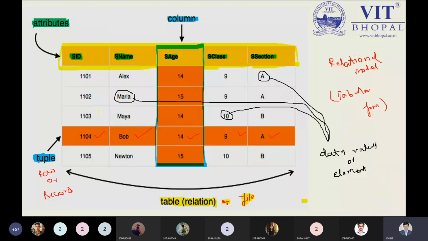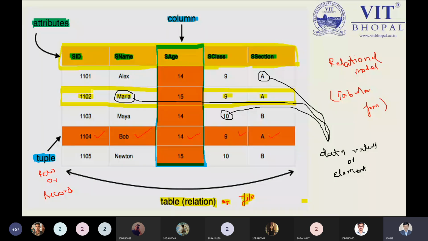In this case, we have one more thing, that is a record. Suppose I'm talking about this record, 1102. Student name is Maria, her age is 15, class is 9, and she belongs to section A. The entire thing which I am highlighting over here by this row is known as a record.